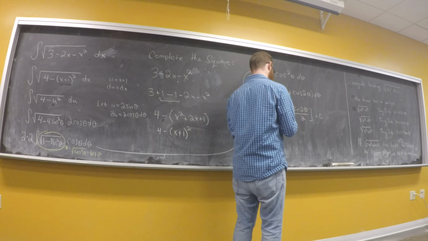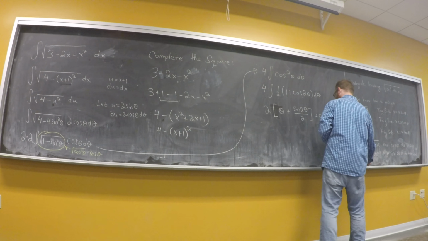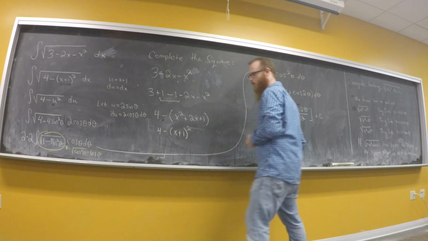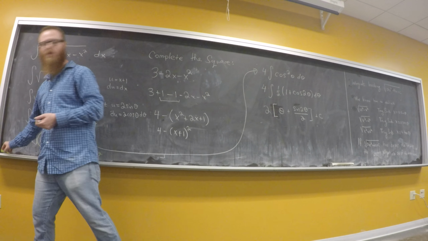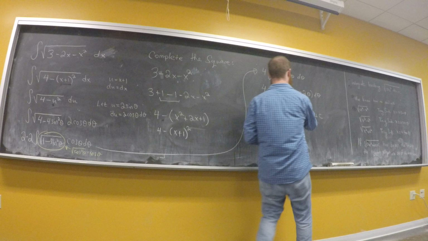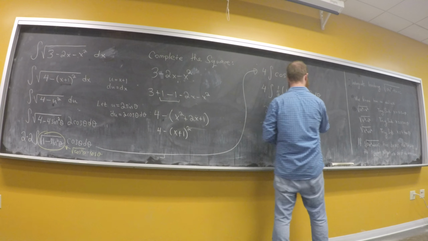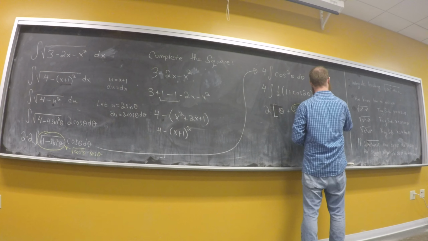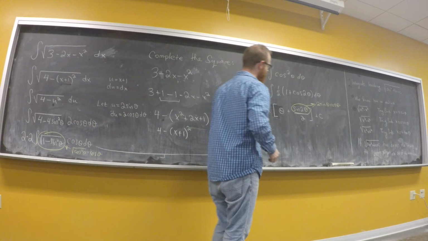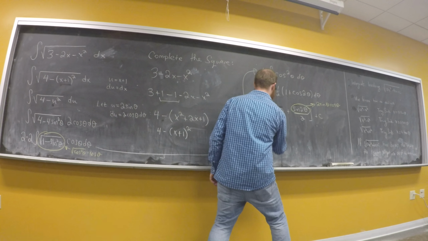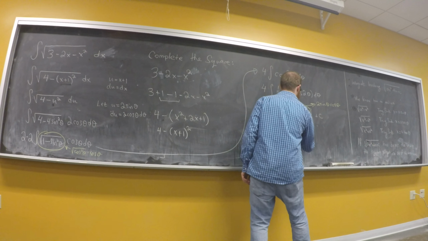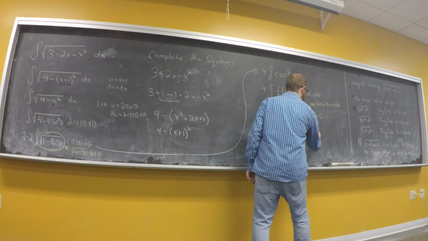And then what did I do with sine of 2 theta? So that's 2 sine theta cosine theta. So it cancels out the 2 downstairs.